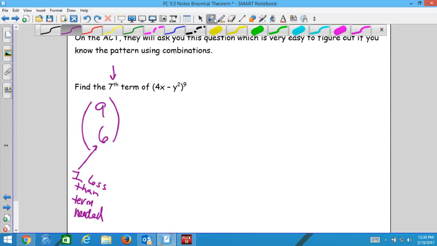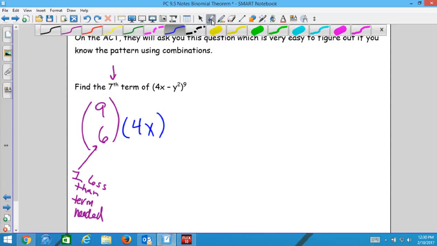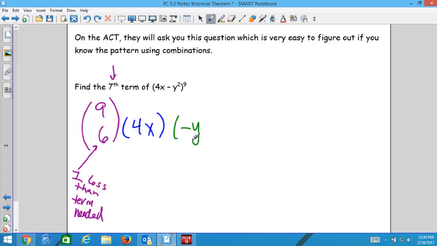Then we do 4x, and we've got to figure out the exponent. Let me come back to that in 1 second. Then you're going to do negative y squared to the power that is the same as one less than term needed, so that's the same as that 6 over there.